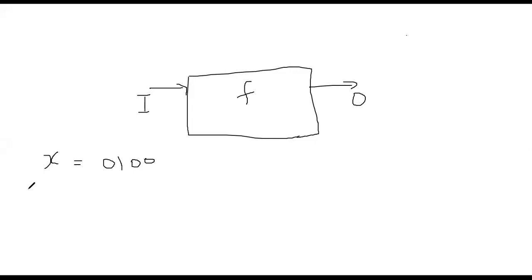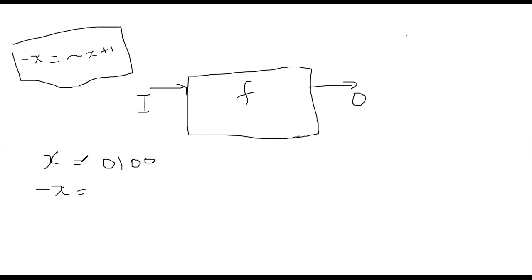What is minus x? There is an interesting property I would like to write here separately. Minus x is nothing but the 1's complement of x, plus 1. This is minus x. This is an important property.